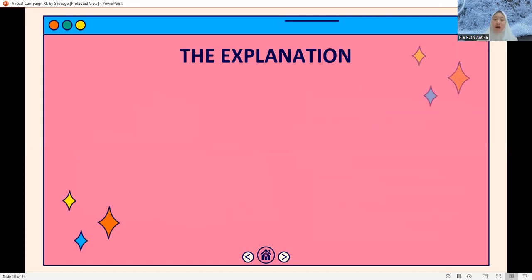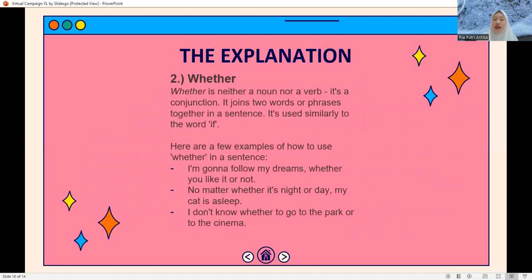But the other whether is not cuaca, but it's neither. Whether is neither a noun nor a verb. It is a conjunction. It joins two words or phrases together in a sentence. It is used similarly to the word if.